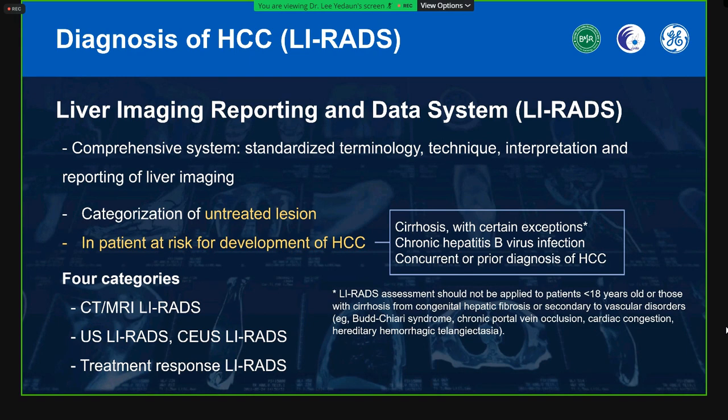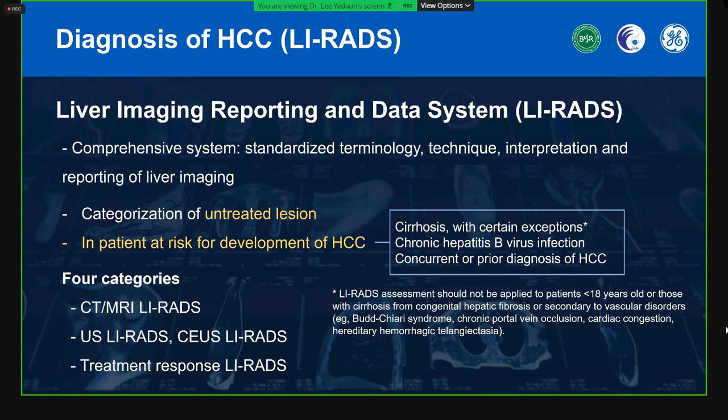LI-RADS can be applied in patients at risk for the development of HCC, including cirrhosis, chronic hepatitis B, and current or prior HCC. Currently, LI-RADS has 4 individual algorithms that are used in different clinical contexts.